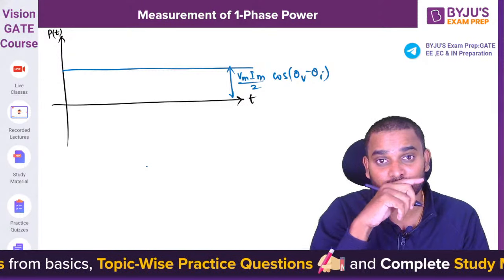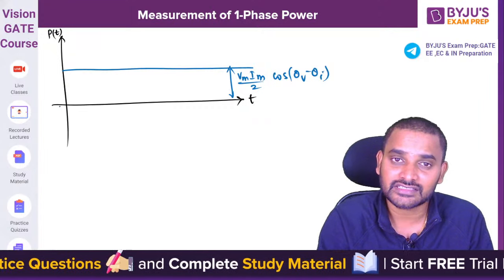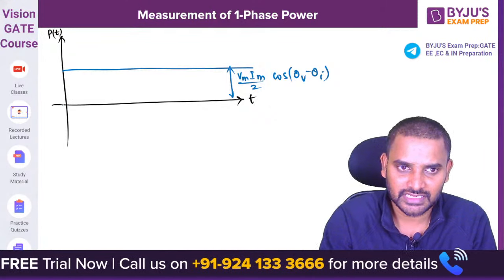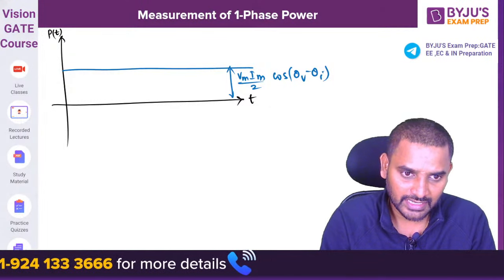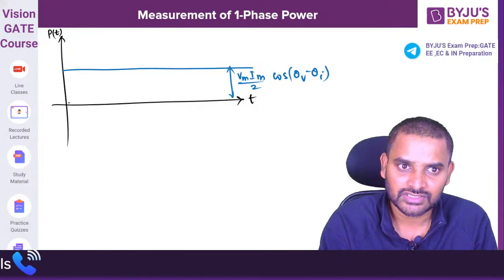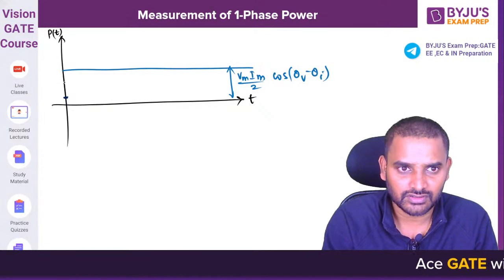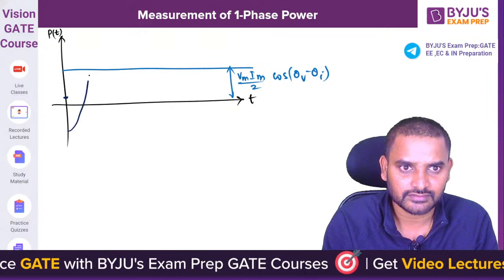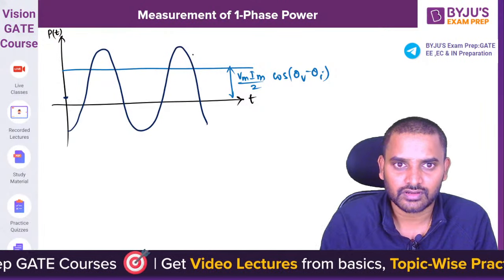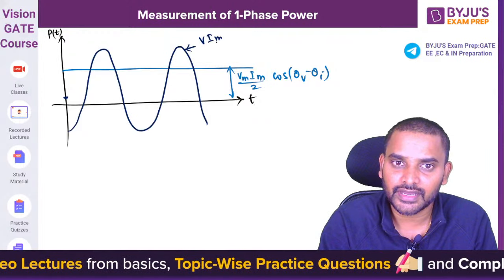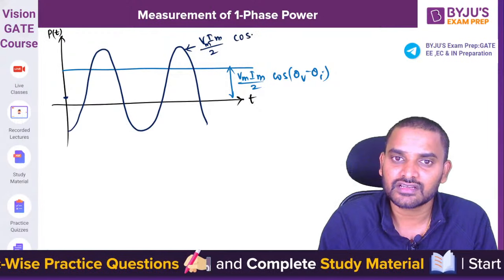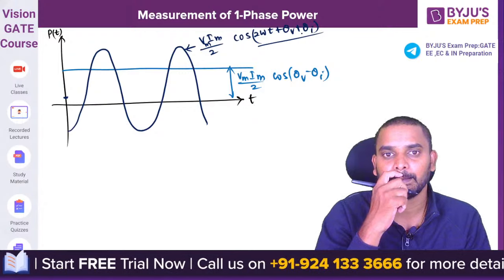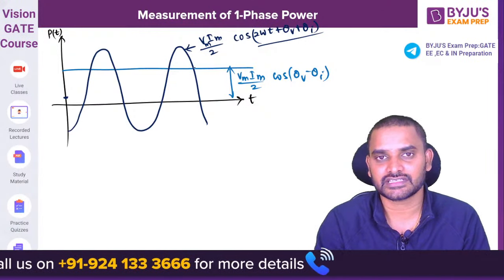But the other parameter is there, the 2 omega t term, that is minus Vm Im by 2 into cos of 2 omega t plus theta V plus theta I. I am just drawing in a rough manner. Let us take it as a negative term, maybe negative like this. So this is Vm Im by 2 cos of 2 omega t plus theta V plus theta I. This is the double frequency term.